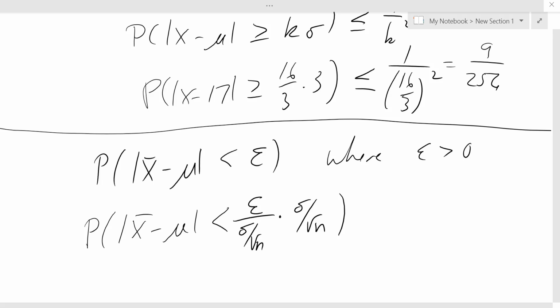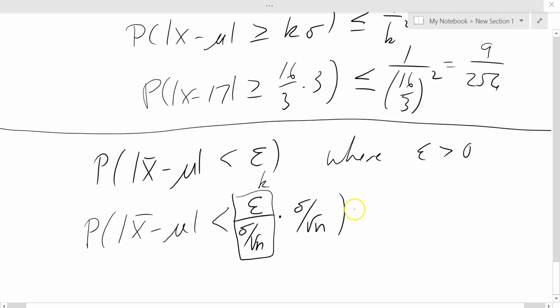So what's my k? If I want to use Chebyshev's inequality now, what's my k? Good. It's this thing, right? This is my k. If I want to use Chebyshev's inequality, that's my k.